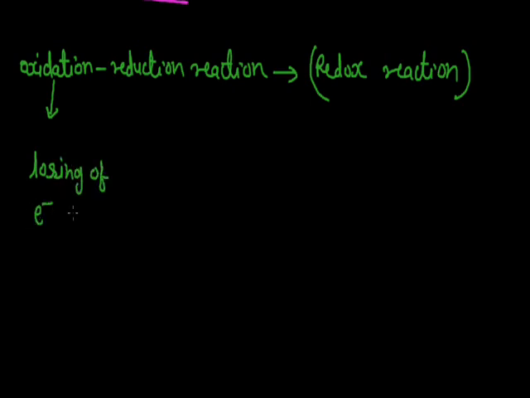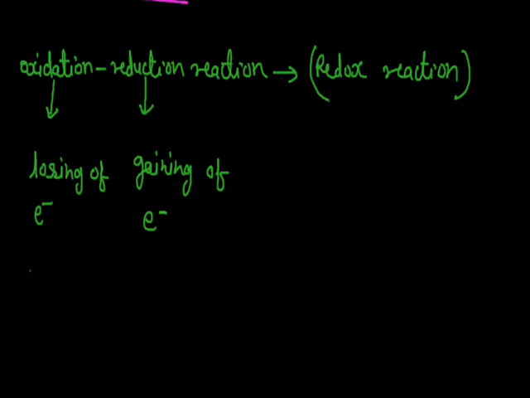Similarly, reduction is the gaining of electrons. Whenever a chemical reaction in which oxidation and reduction both take place simultaneously, it is termed an oxidation reduction reaction or simply redox reaction.